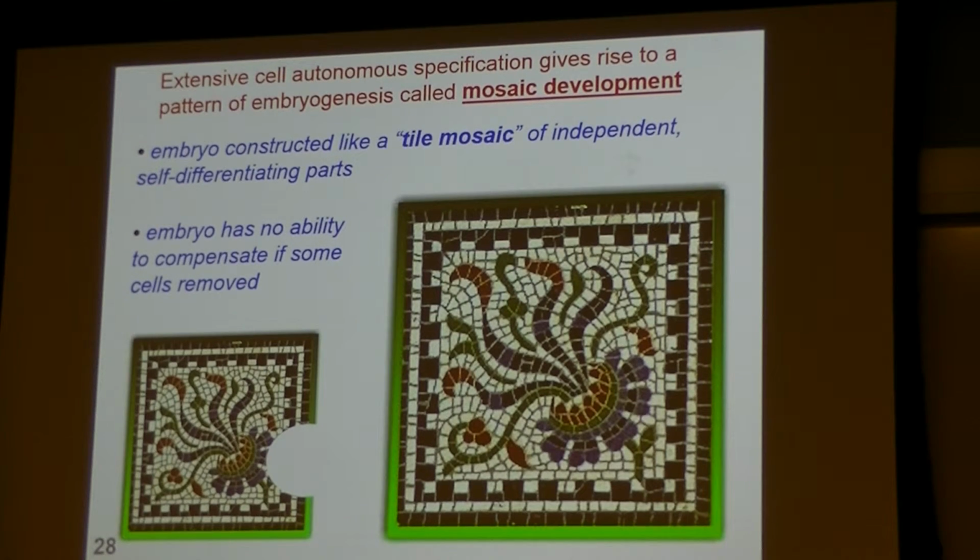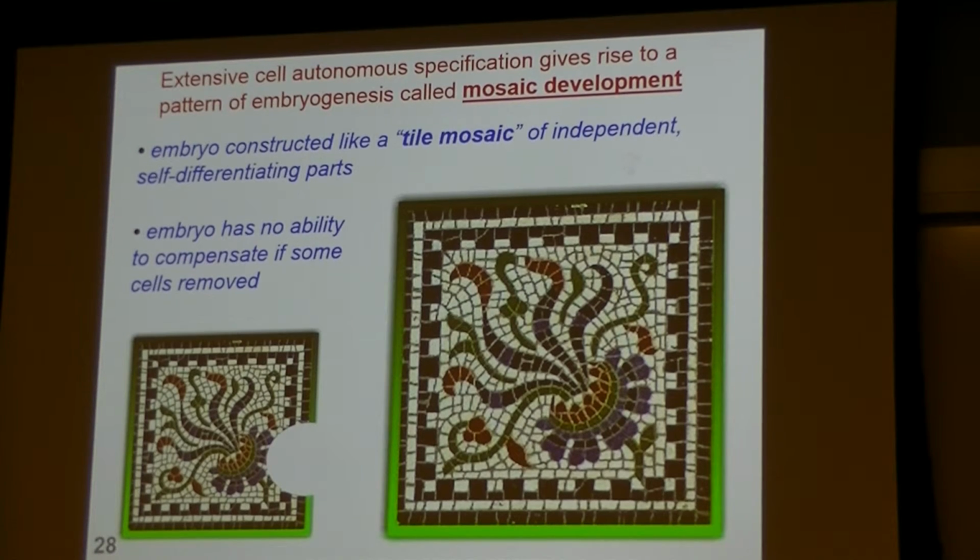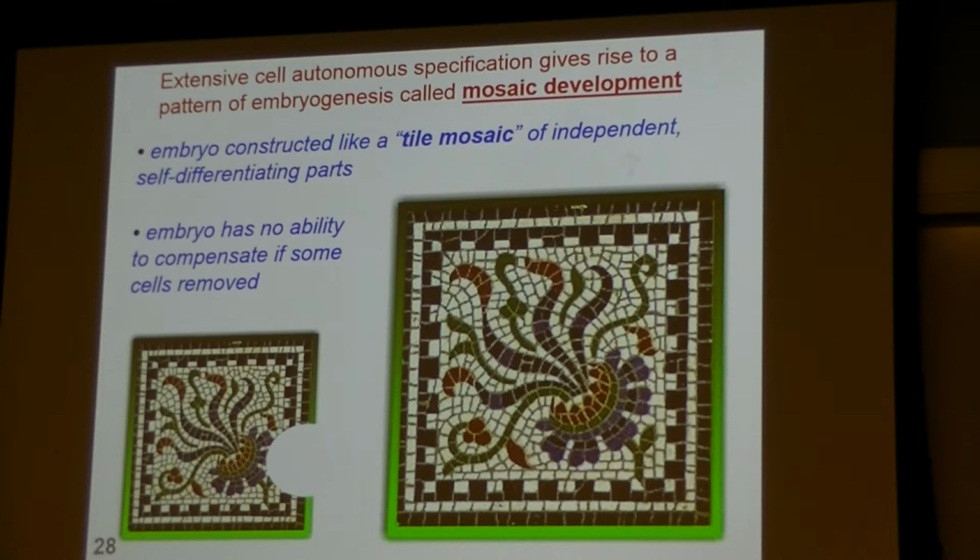So here's a tile mosaic, and what you can see is we have a number of individual tiles, each one of which is a pure color, or single cell fate. And they're organized in a particular arrangement. And in fact, it is this arrangement next to each other that gives some kind of higher order magnitude of organization to this tile mosaic.